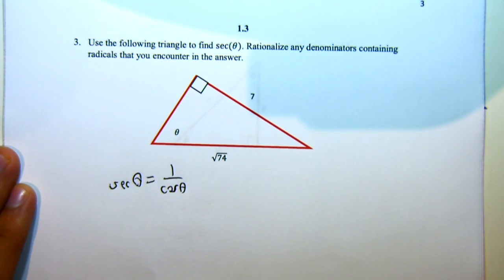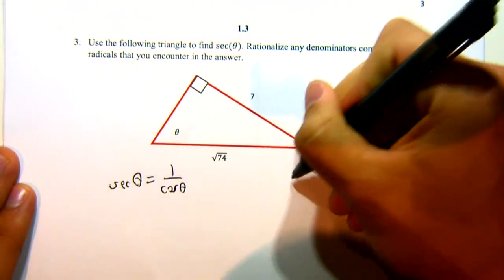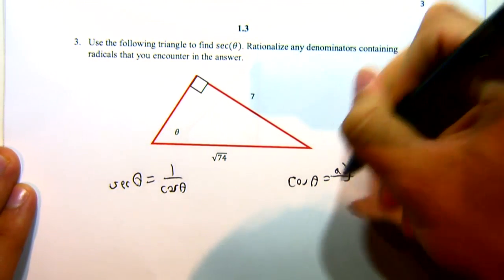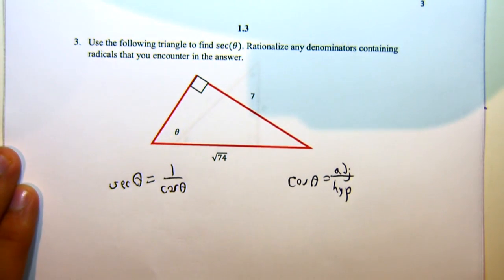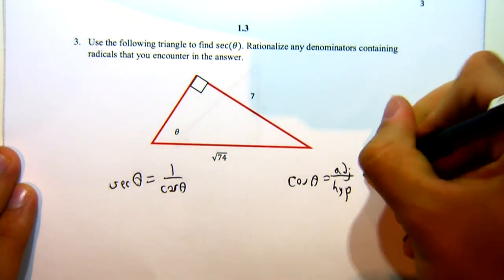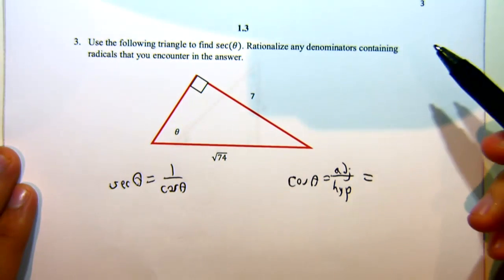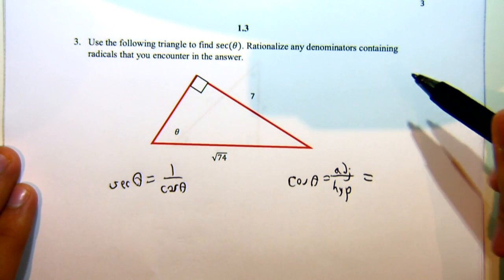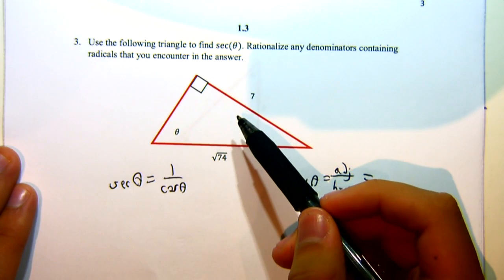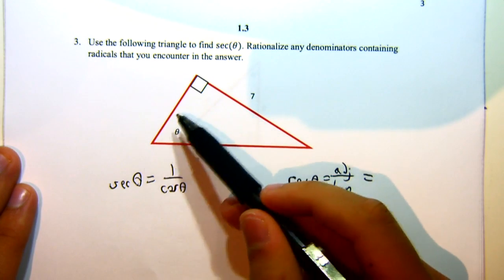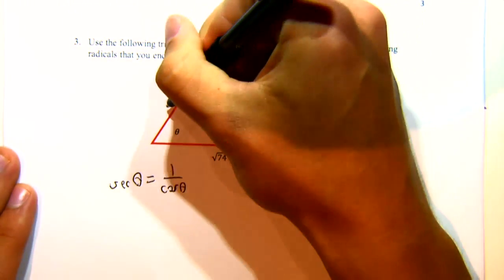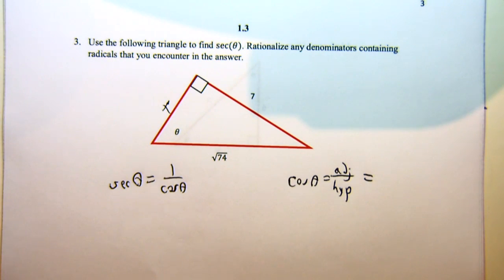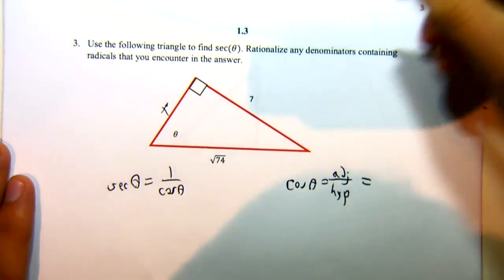And we know that cosine theta is just adjacent over hypotenuse, right? We know that the adjacent side of this is going to be here. But we don't have that, so we're going to need to find that using the Pythagorean theorem once again.